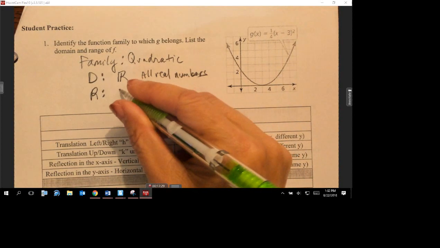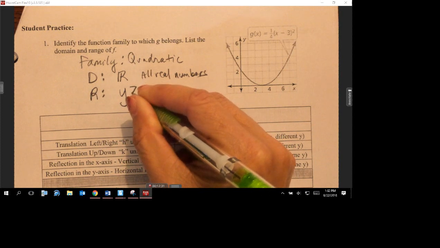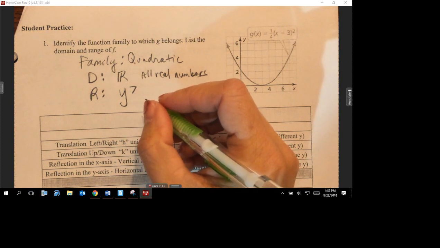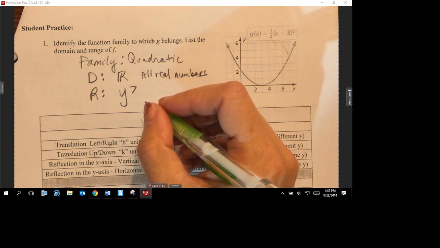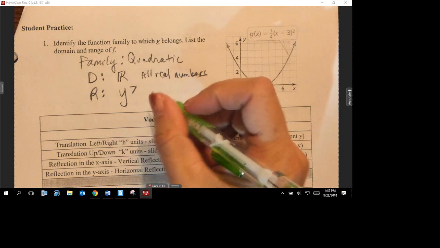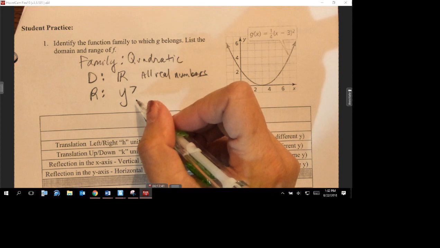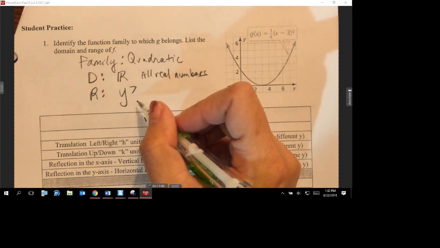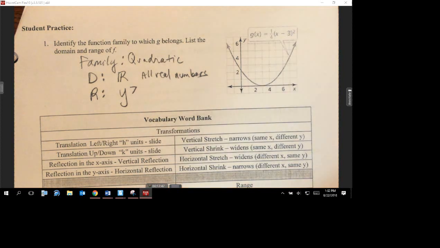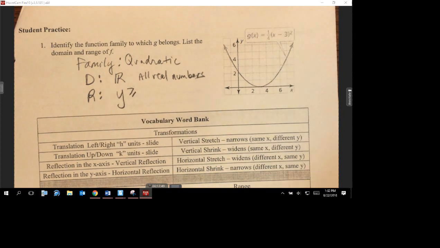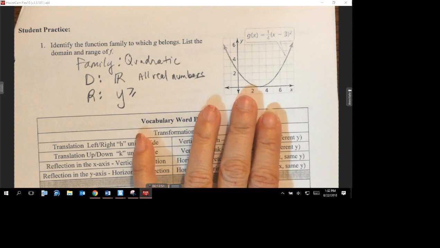Okay, I heard Y is greater than, but then I lost you after that. Are you not saying equal to? I said equal to. Okay, that's the part I couldn't hear. So you said equal to, and then you said 3.